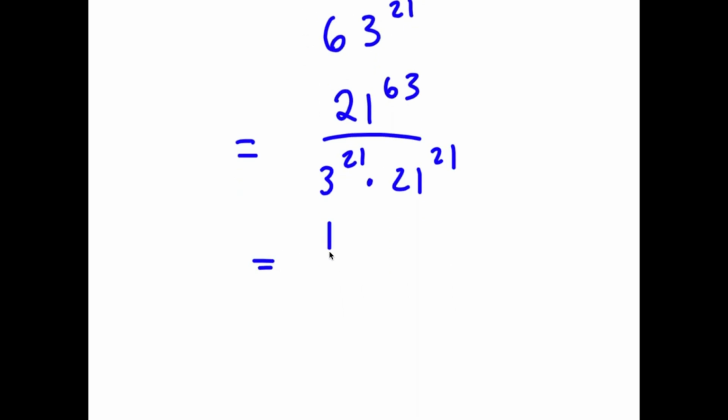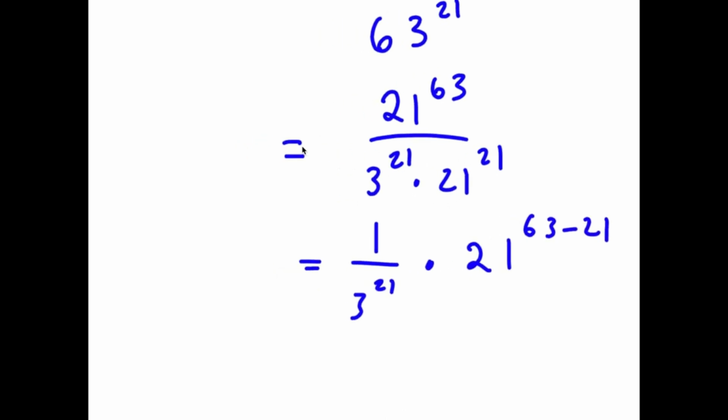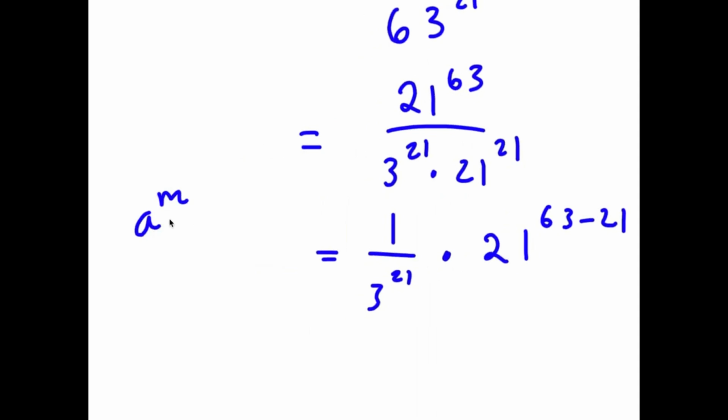Now, this is the same thing as 1 over 3 to the power of 21 times 21 to the power of 63 minus 21. Because if I have something in the form a to the power of m over a to the power of n, this is equal to a to the power of m minus n.